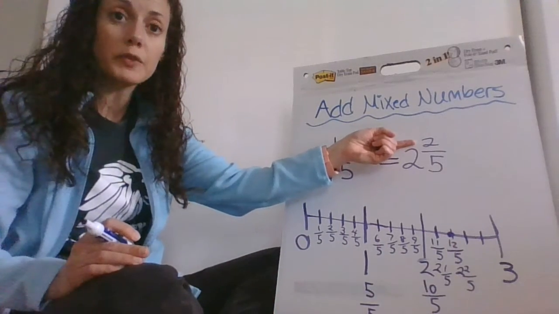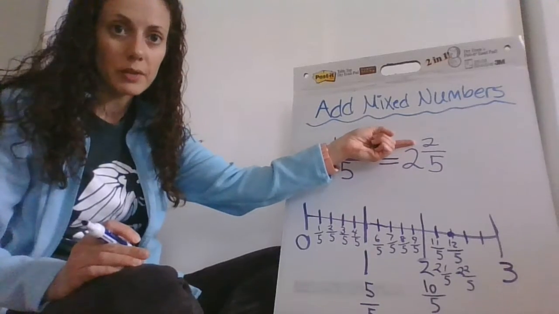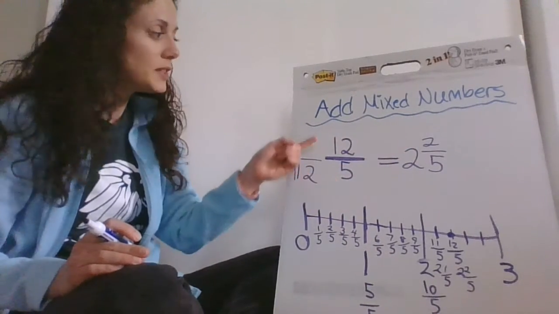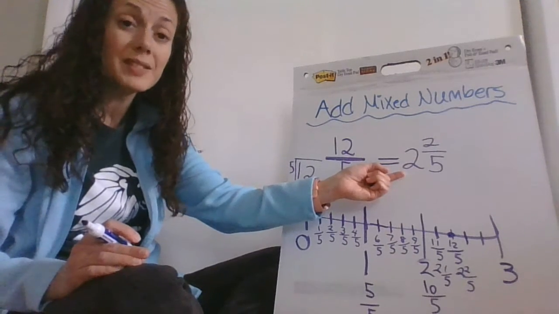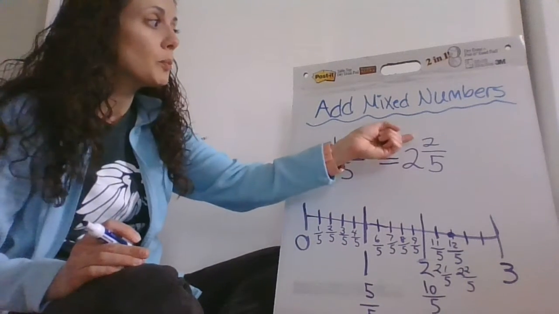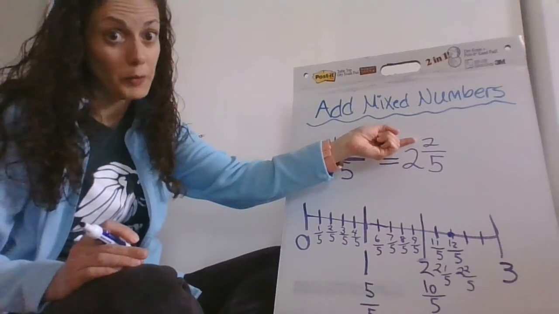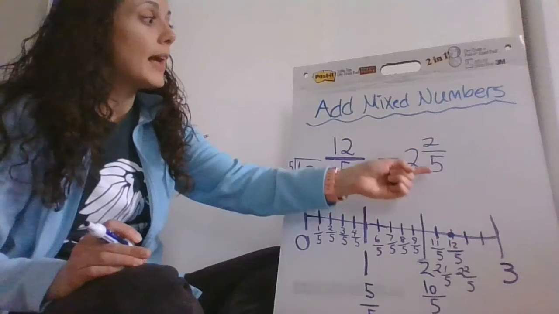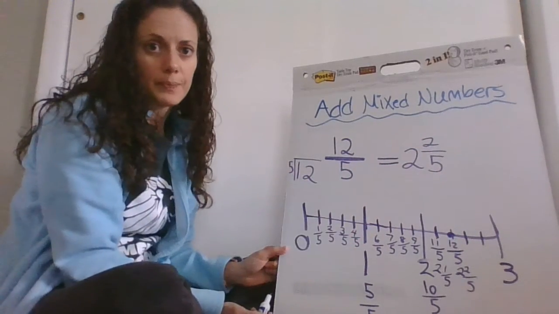So the numerator of 2 represents the leftover to get from 10 to 12. So again, 5 fits into 12 2 whole times. 5 times 2 is 10, plus 2 more to get to 12. That's the remainder, if you remember from division. And the 5 is the number of equal parts, so that doesn't change.